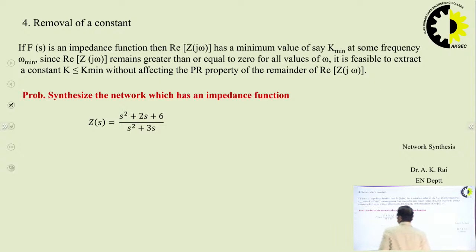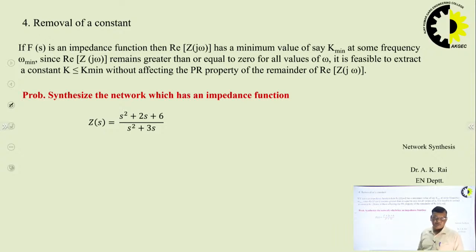Now there is one problem: synthesize the network. This is the impedance function. We can see here s square plus 2s plus 6, over s square plus 3s. But there is a pole at origin, so we need removal of the pole at origin.